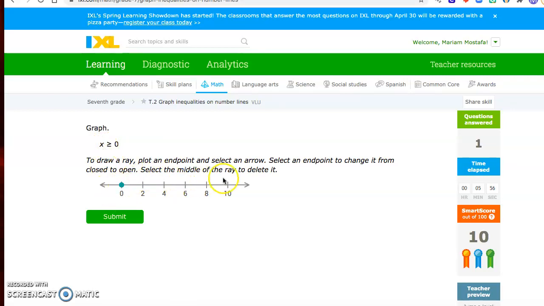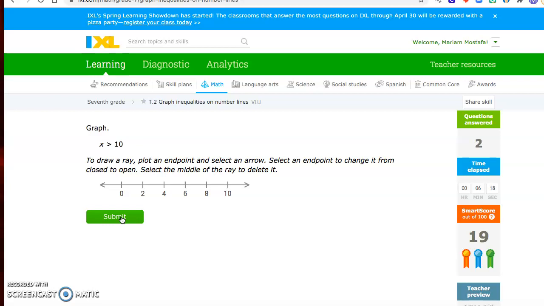I'm going to graph all the numbers that are greater than 0. On the number line, all of these numbers are greater than 0, so this is what x could be. You're showing the range of all the values x can be.